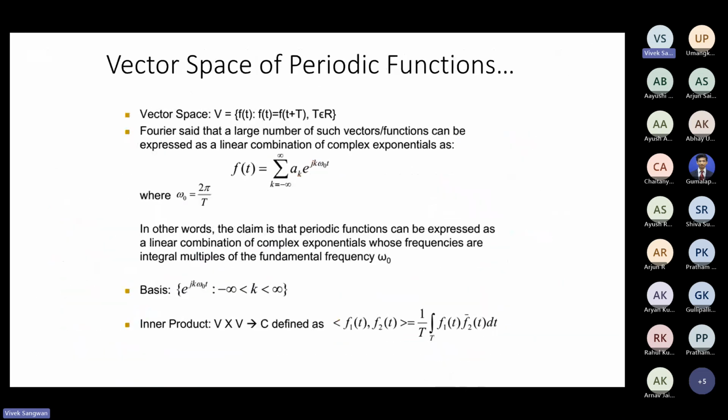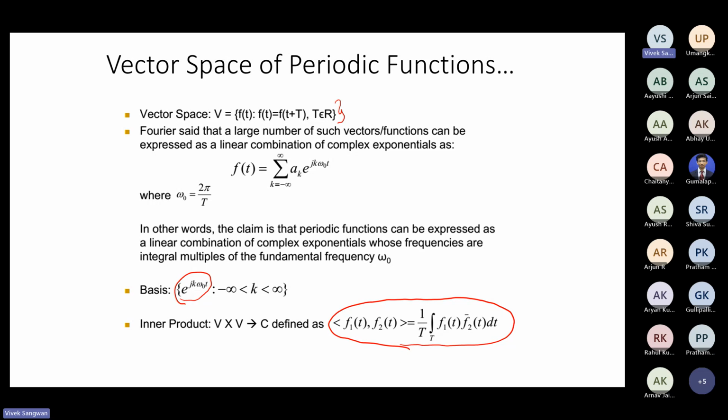And then I pointed out how this Fourier series came out: in this space, T-periodic functions can be treated as a vector space. In this vector space, these are the basis functions, and the inner product is defined like this: the integral of the product of one function with the complex conjugate of the other function, divided by the time period.